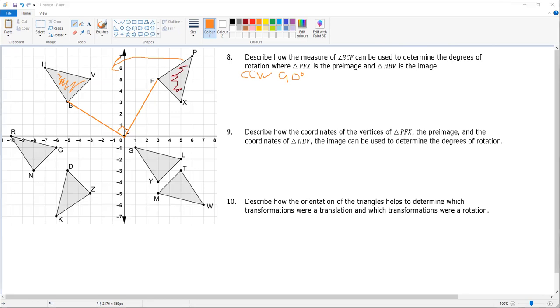All this shows here is that this angle between B and F is 90 degrees, and these two individual points right here are a 90-degree rotation, and it went from here to here. So that's what this question is asking. And since this is a 90-degree angle, this is a counterclockwise rotation of 90 degrees.